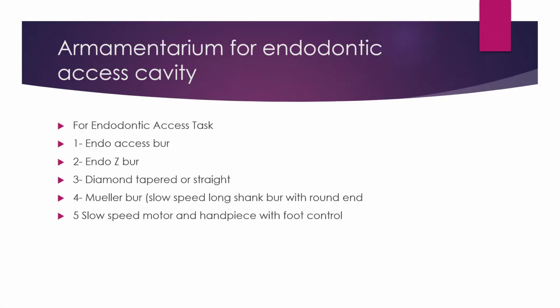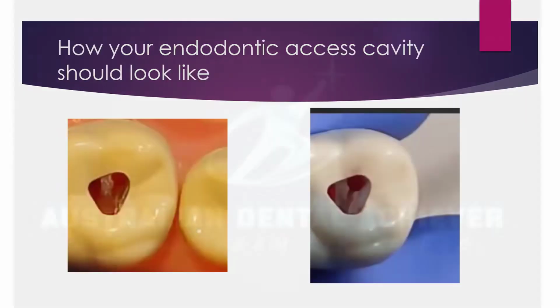The second one will be the endodontic access cavity, and these are the things you require for that. There are three criteria that depend on the shape and size of the cavity.